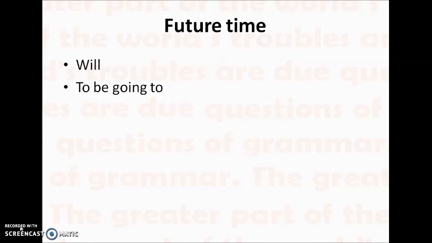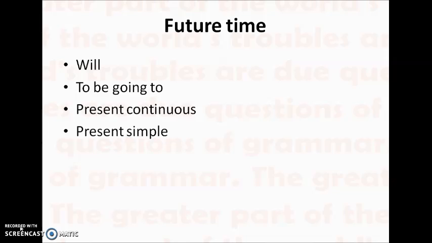Now let's move to expressing actions happening in the future. For this, we use 4 different forms in English: the will form, the going to form, and we can also use the present simple form and present continuous form. The most basic way of expressing future in English is using the will form.